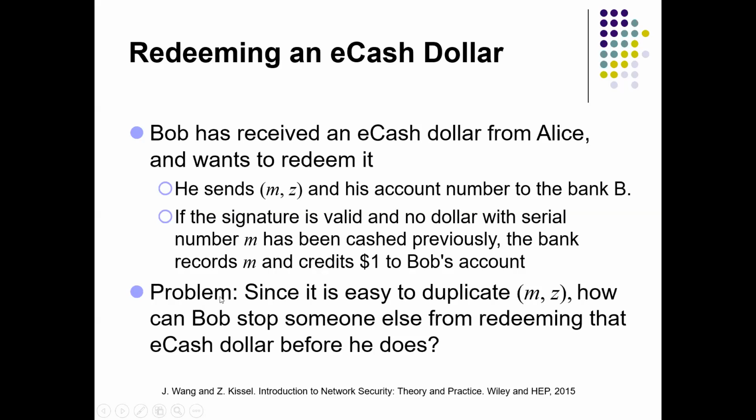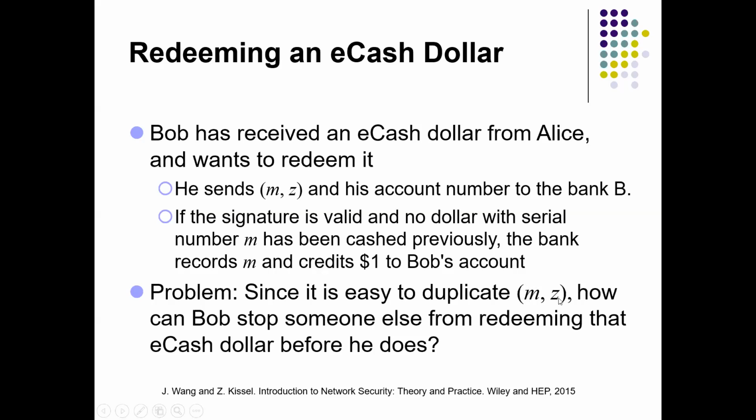So there's a problem here. Actually, we can think of several problems, but we can at least think of two in this particular case. The first problem is that it is easy to duplicate this eCash dollar M, Z. Let's say Bob has it and Alice also makes a copy and sends it to Charlie, for instance.